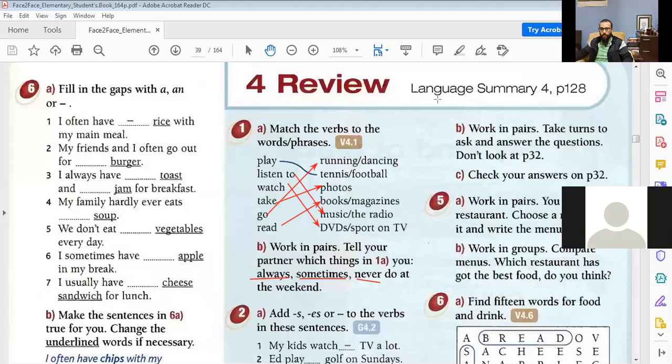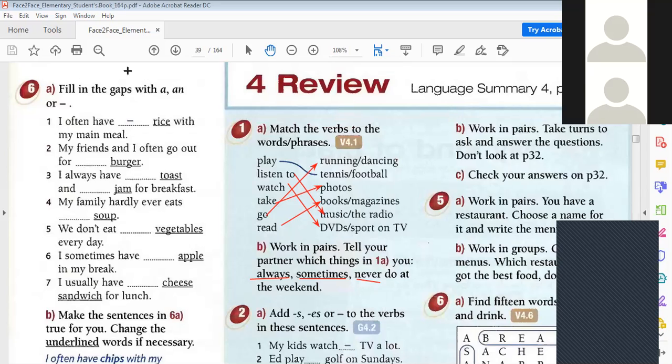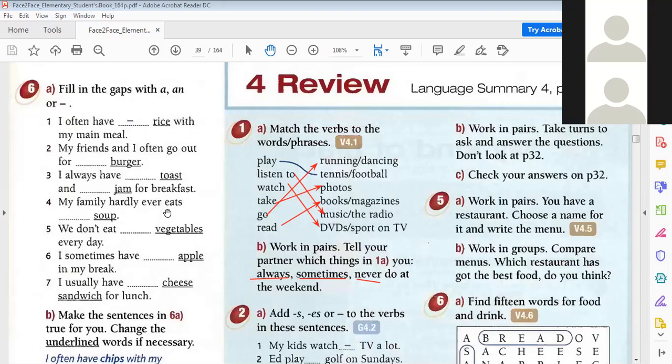Mm-hmm. And I never listen to music. Mm-hmm. And sometimes read books. Mm-hmm. Okay, so these are the things you usually do at the weekend, right? Yes. Okay, okay.